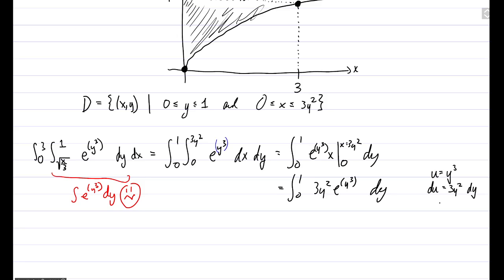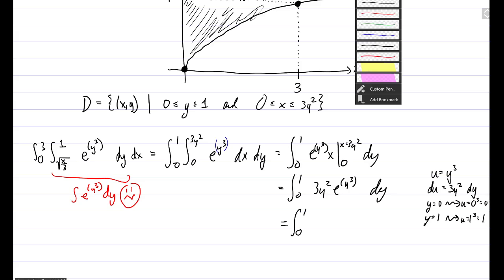Aha. Also, when y equals 0, u is 0 cubed, which is 0. When y equals 1, u is 1 cubed, which is equal to 1. We get really lucky updating the bounds here. I'm not copying the 0, 1 from up here, I'm copying the 0, 1 from right over here.